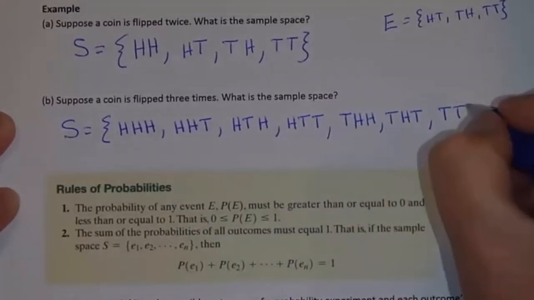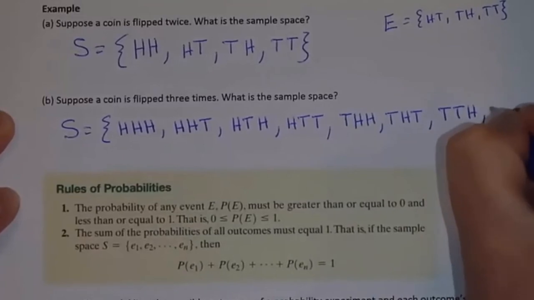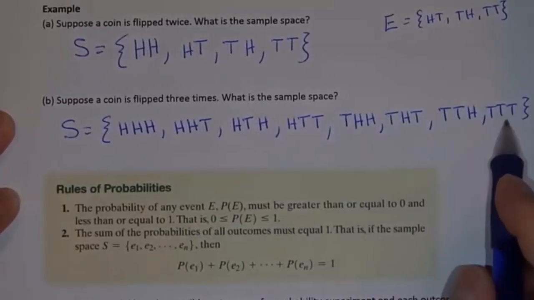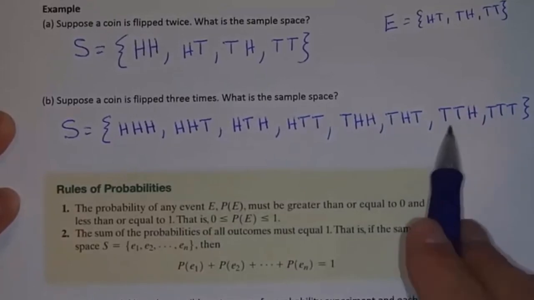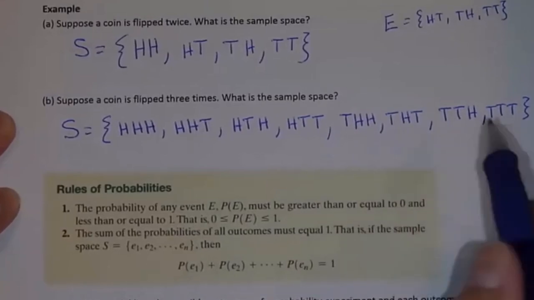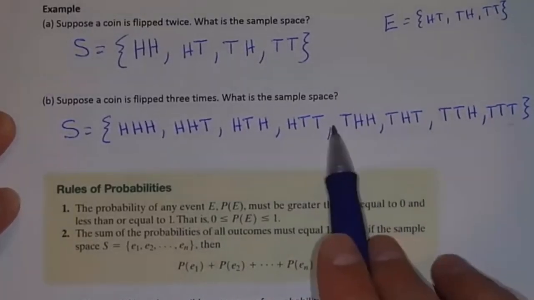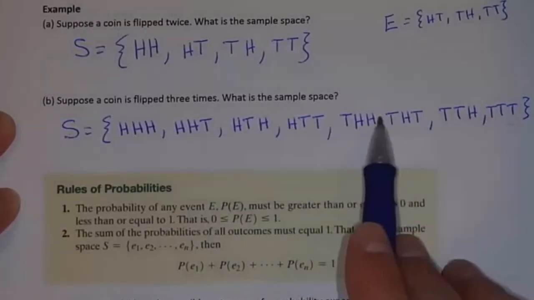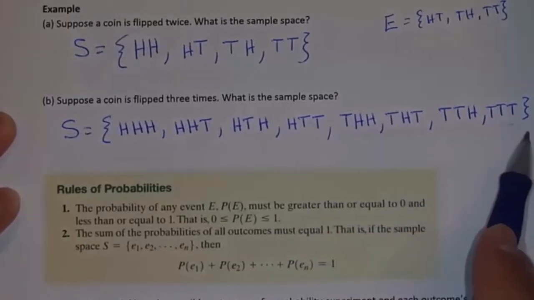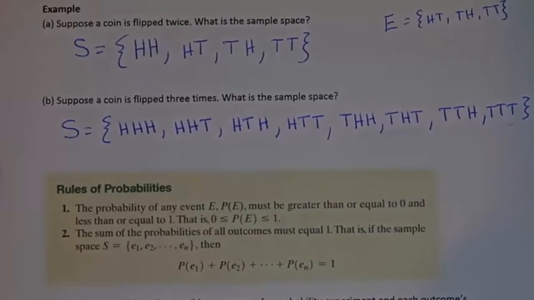If I get that, then I could either get heads on the third flip or tails on the third flip. So these are the only 2 possibilities if I get tails on the first 2 flips. And these 4 outcomes are the outcomes if tails is the first flip. If I get tails on the first flip, then I could get this, this, this, this. Those are the only 4 possibilities.